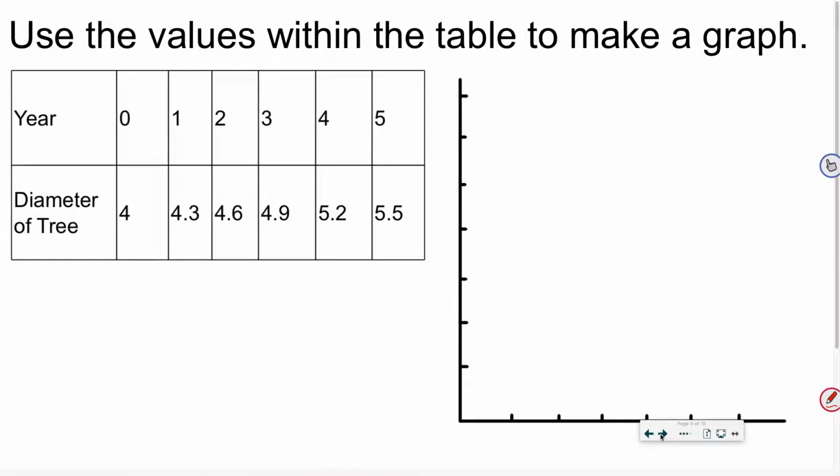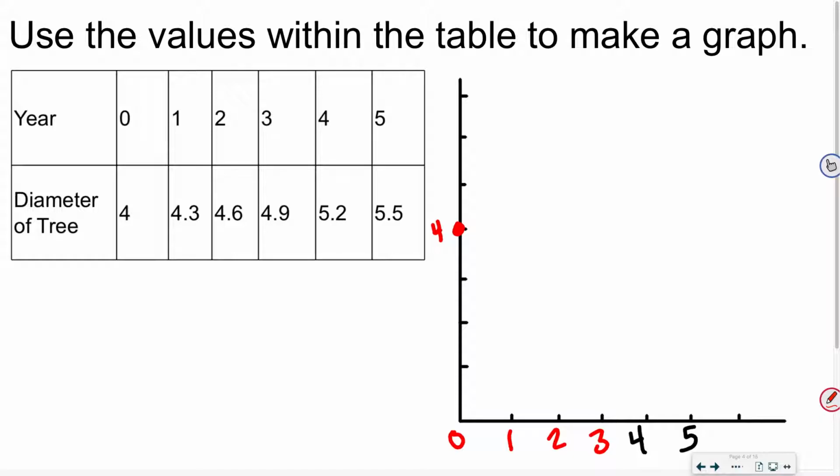Can I graph this? If I wanted to graph all of these years, what would this graph look like? Where would my first coordinate be, or my initial value? 0 and 4. I want to represent that in year 0, this tree was 4 inches in diameter. And then how would I plot the next point?